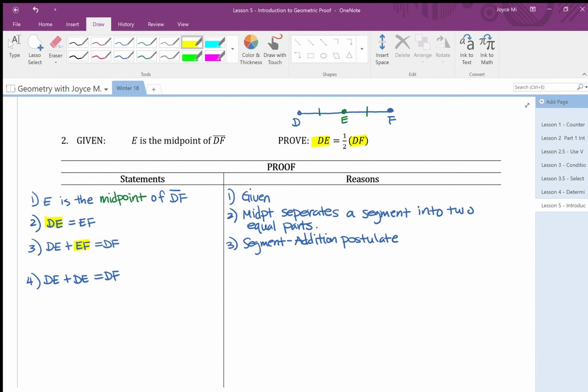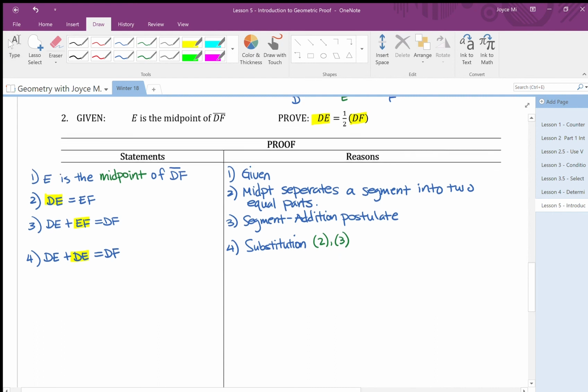And number 4, when I replace something, I'm substituting something. I'm substituting DE here. So this is called substitution. Well, I want to tell my reader what I am substituting. So I'm substituting using step 2 and step 3. So let's put a note to my reader here.